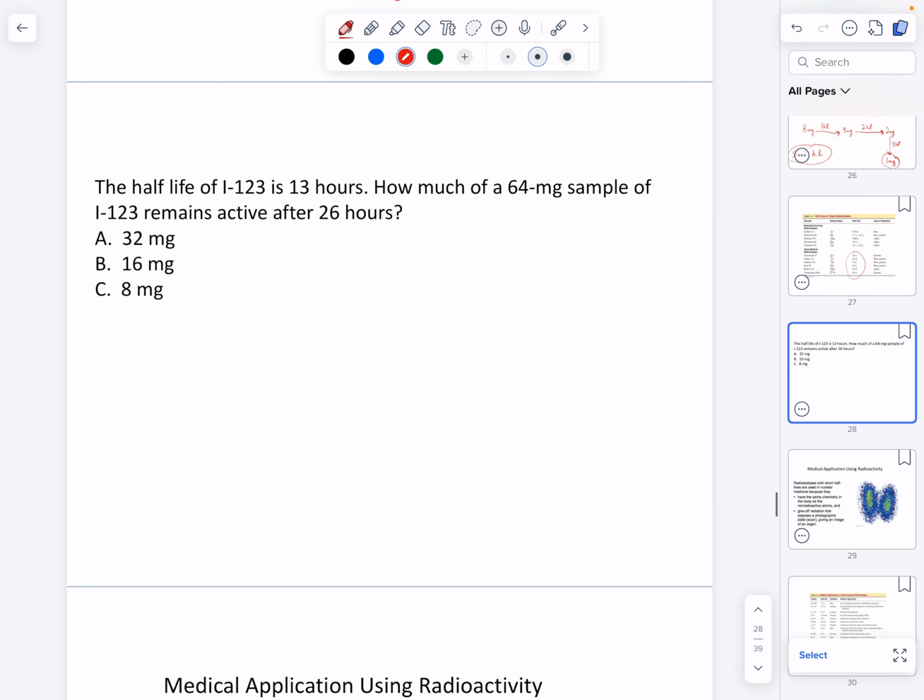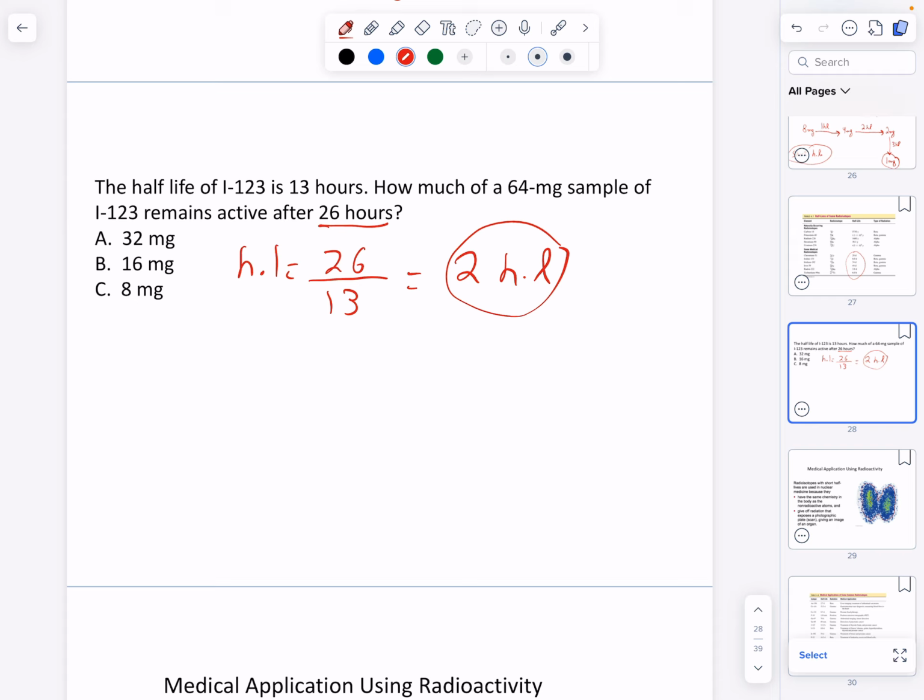I have another problem here. The half-life of this isotope is 13 hours, how many milligrams remain of 64 milligrams in 26 hours? So we do the same. How many half-lives? We take the total time over the half-life, and that's 2 half-lives.